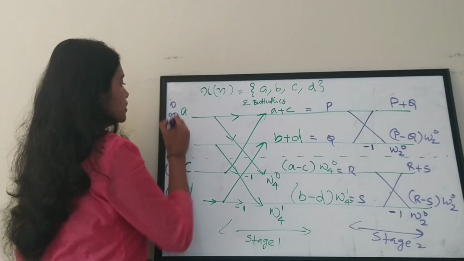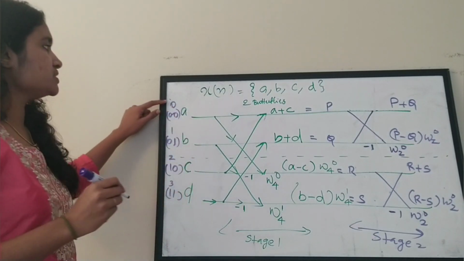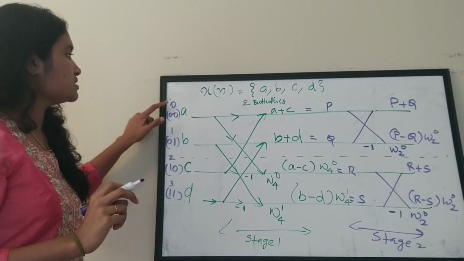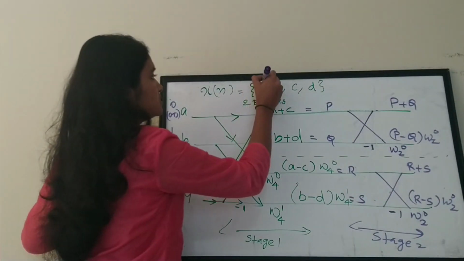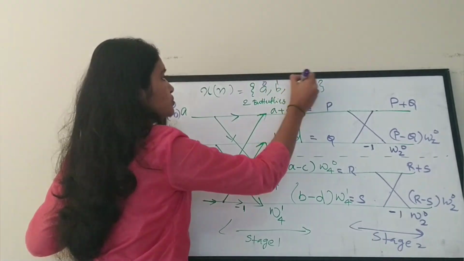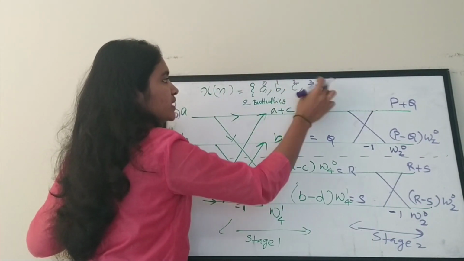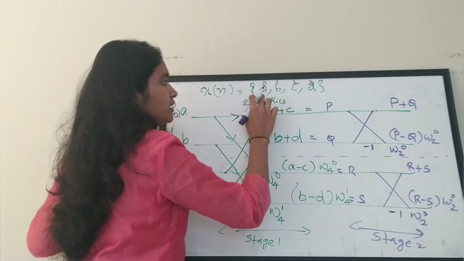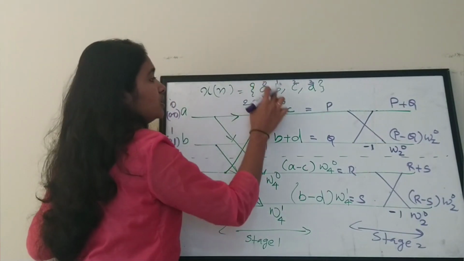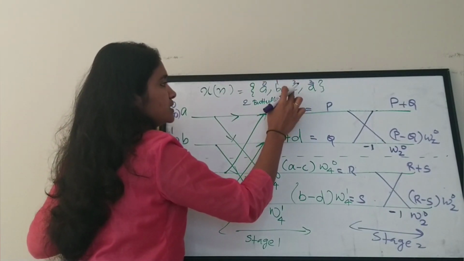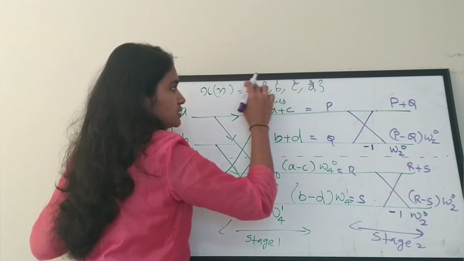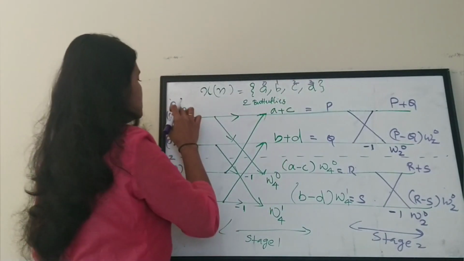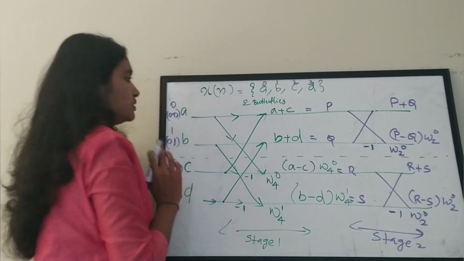So this is the order of my inputs and I have given it in the correct order. A has a position of 0, B has a position of 1, C has a position of 2, D has a position of 3. These are the time positions 0, 1, 2 and 3, right?